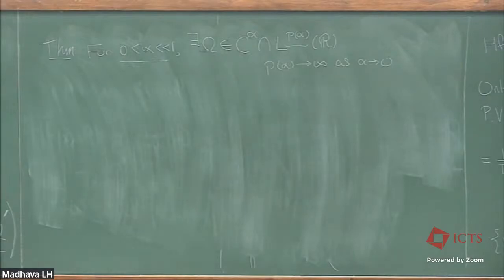And what is the approximation that we are going to do? That is what is called the profile for the Constantin-Lax-Majda equation. So here is the idea.